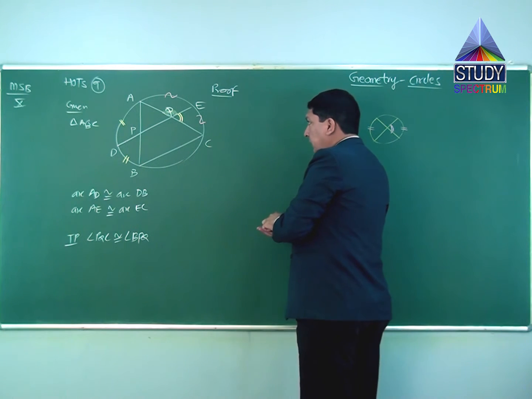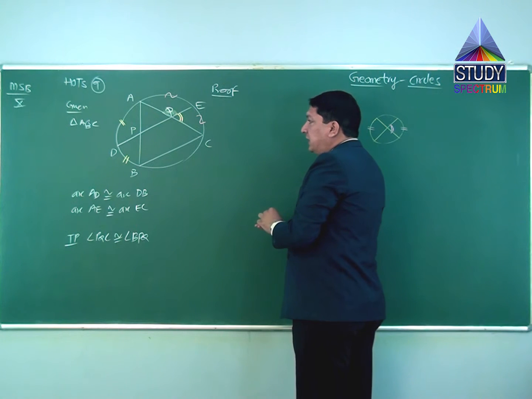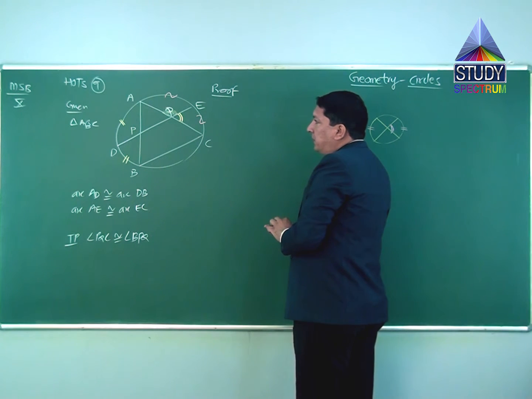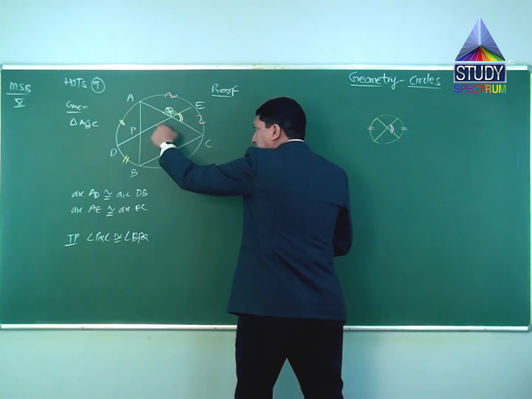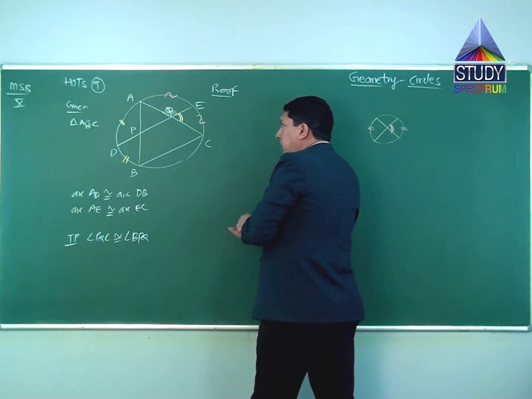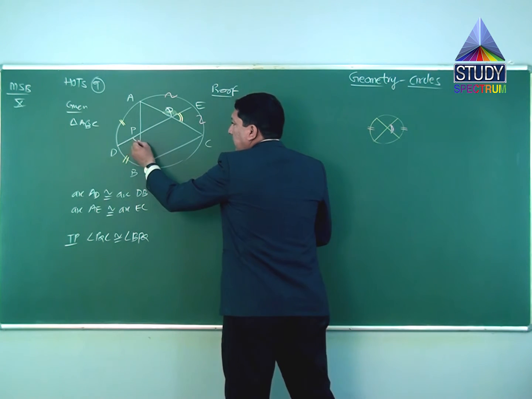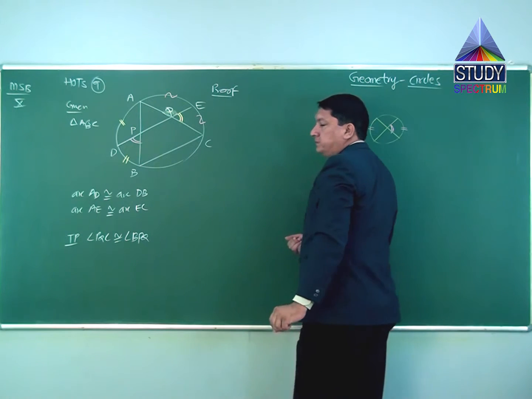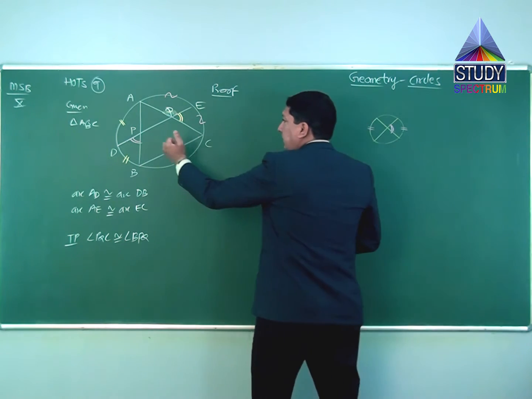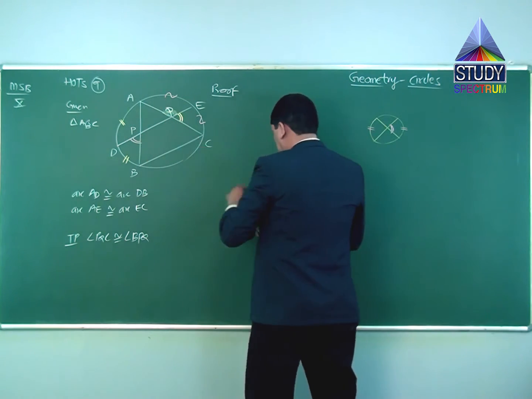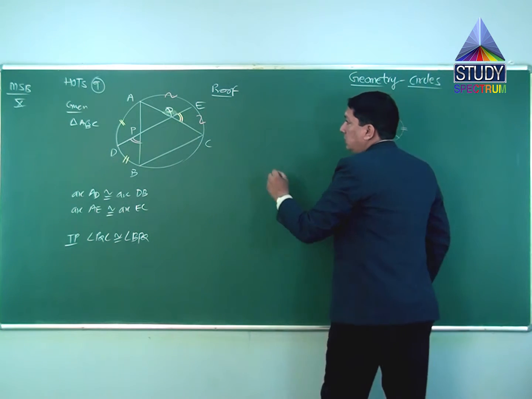In the same way, the angle which forms a linear pair with angle BPQ, this is your angle BPQ, is this angle. So we'll make use of these 2 angles now. I'll write it down.